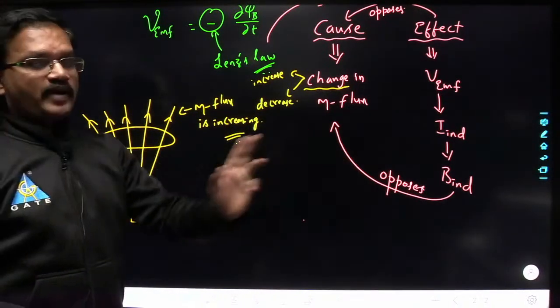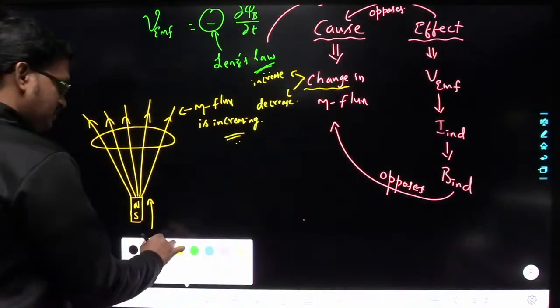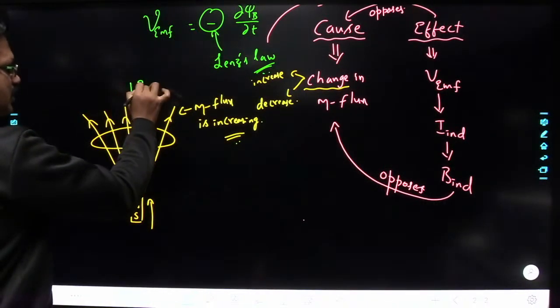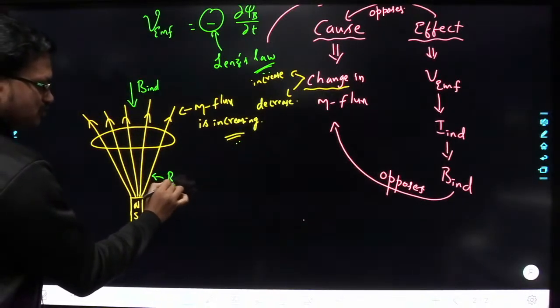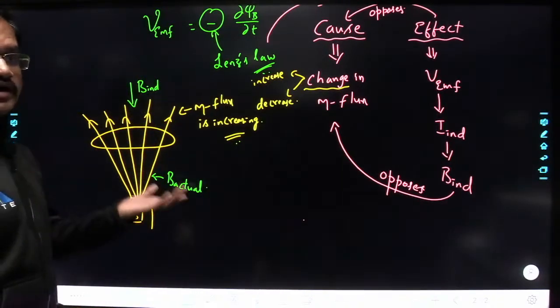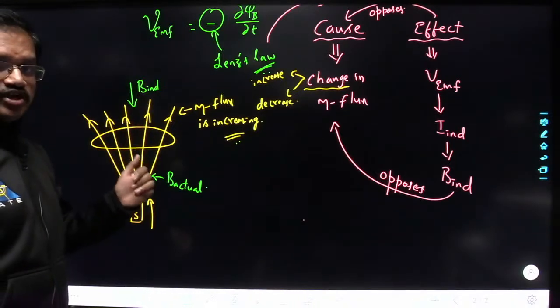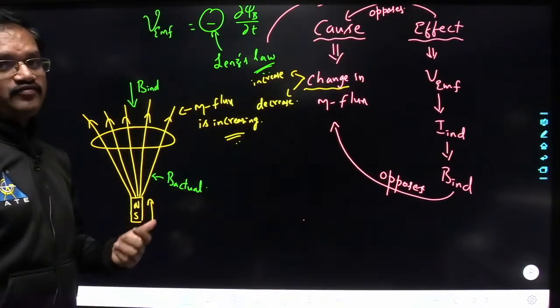So we have seen that whenever the magnetic flux is increasing, the induced magnetic field will try to oppose that increase. In this case, the direction of the induced magnetic field will be exactly opposite to the actual magnetic field. So this is B actual. So whenever magnetic flux is increasing, the induced magnetic field direction must be exactly opposite to the actual magnetic field direction.